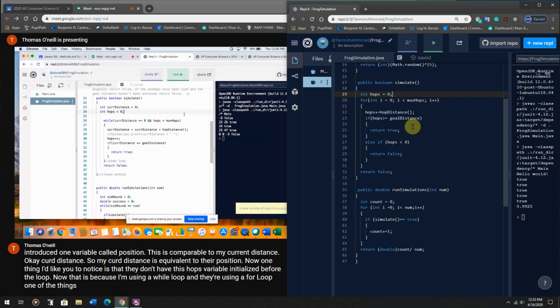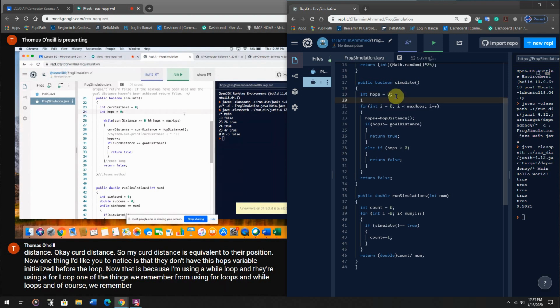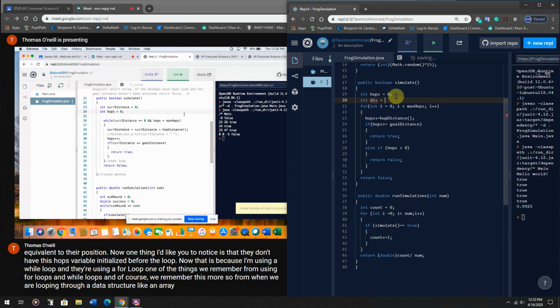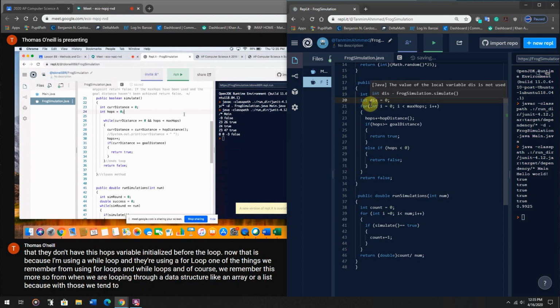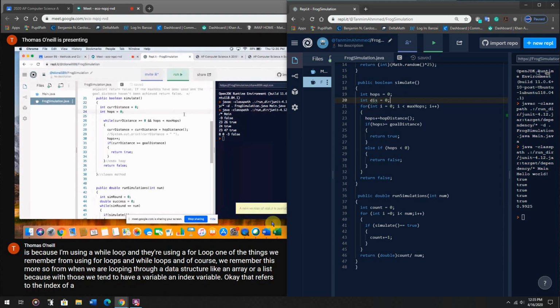One of the things we remember from using for loops and while loops, more so from looping through a data structure like an array or a list, is that we tend to have an index variable that refers to the index of a specific element.